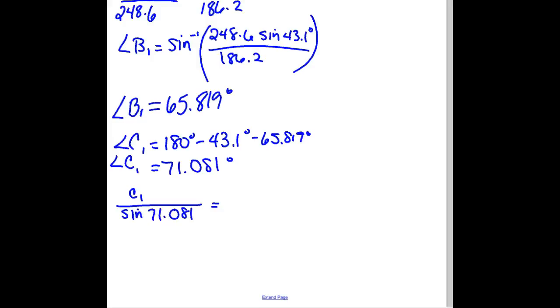So we say the side C is to the sine of its angle as what? 186.2 is to, good. Okay, so this one just involves multiplying that sine of 71 over to the other side. What do we get for C1?